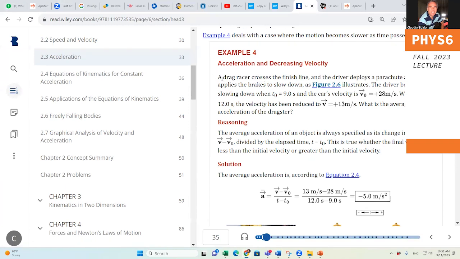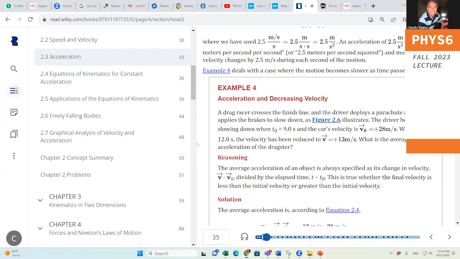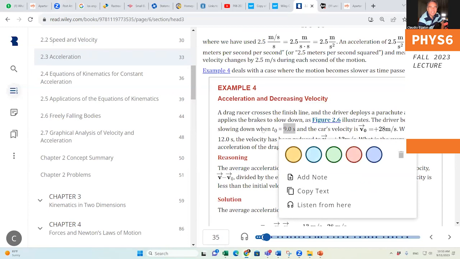Drag racer, so let's read it again. Drag racer crosses the finish line, the driver deploys a parachute, applies the brakes to slow down. The driver begins slowing down whenever t equals 9 seconds. Okay, from 0 to 9, he's accelerating. And then at 9 seconds, he deployed the parachute.